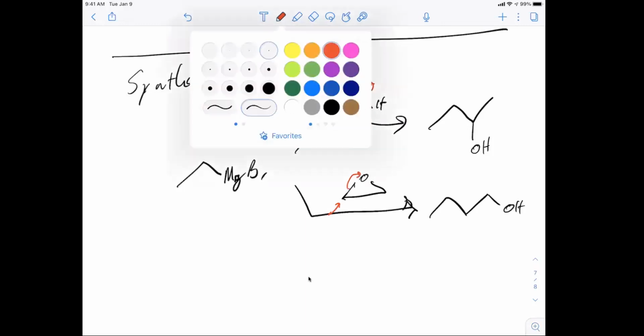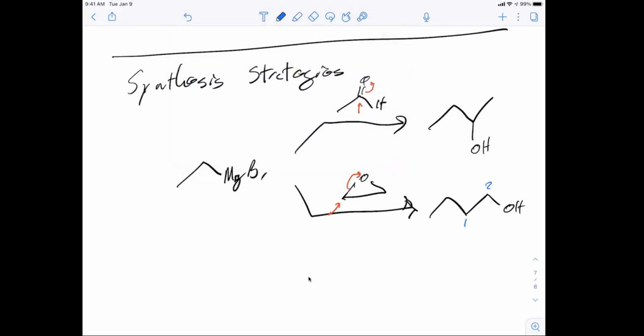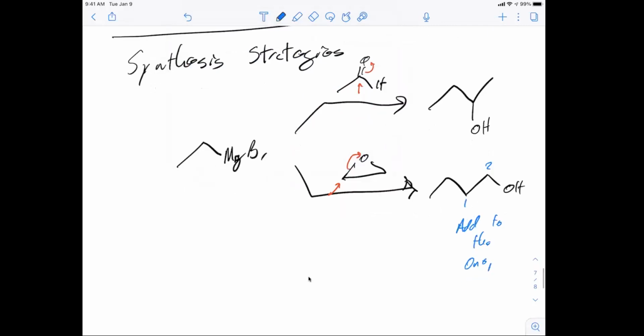So that we get a 1,2 where we've added to the 1, but have a functional group on the 2.